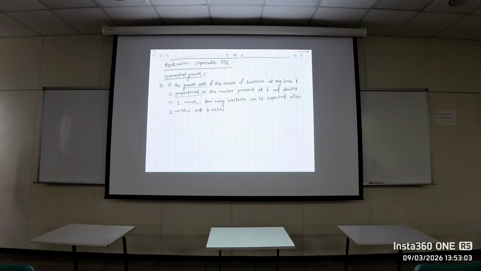Okay. Here the derivative is not with respect to x, it is with respect to t, because in general in mathematics we always consider the changes with respect to x. Here the variable is changed to t, time.